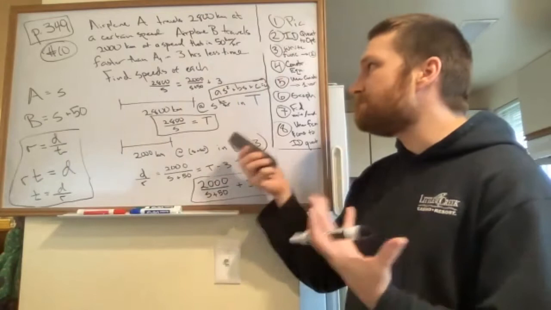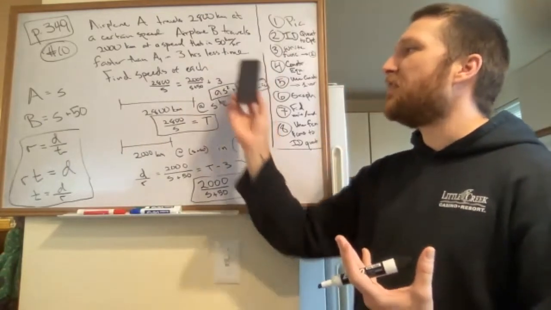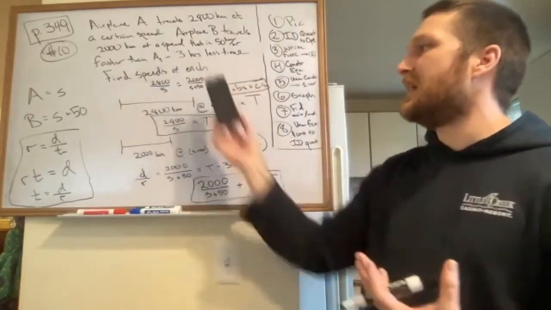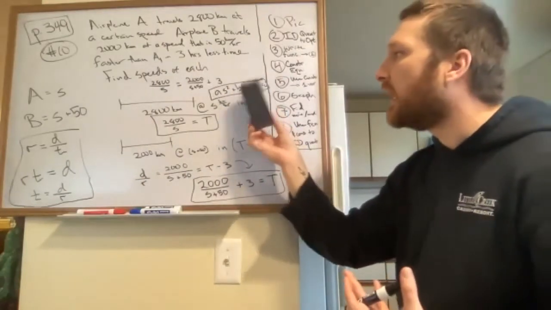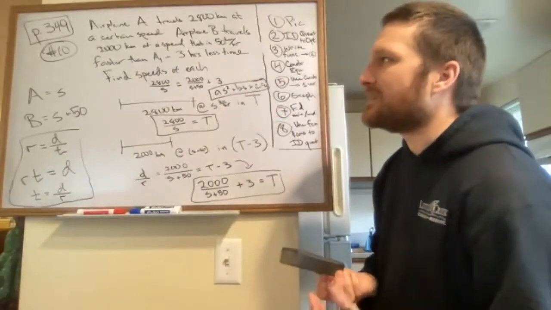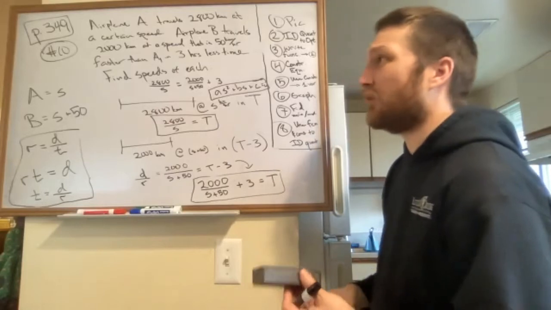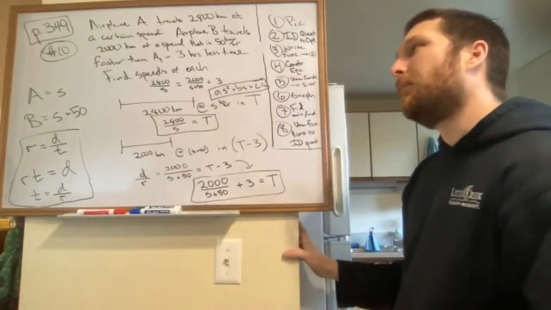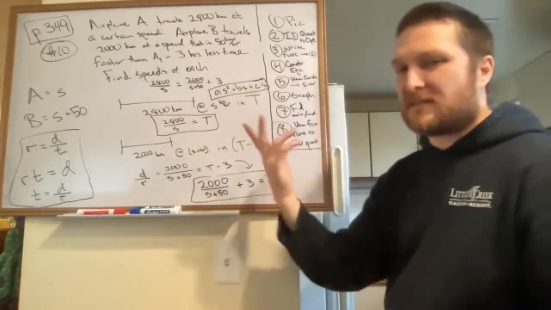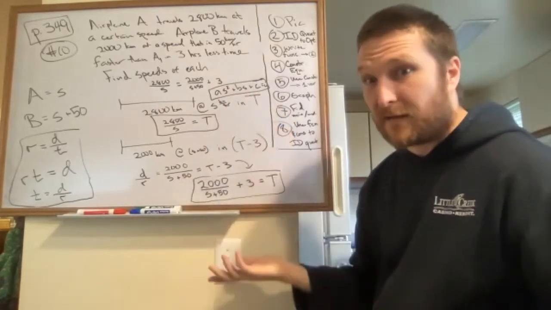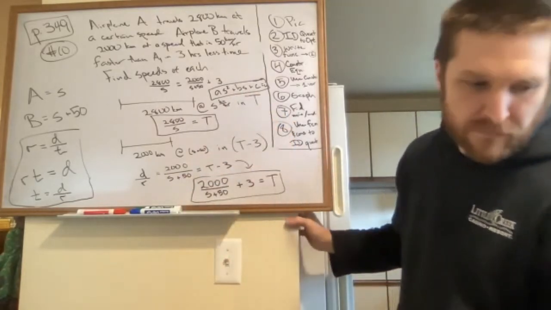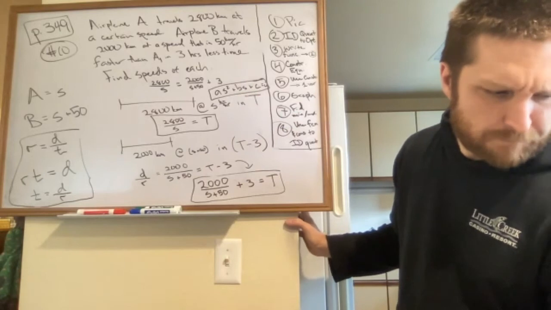But the only difference is that the thing that you end up with in the end is now a quadratic. And so it's nothing new. You've seen it before. You've done them before. But we know how to solve quadratic equations now. So that's why they're being reintroduced.